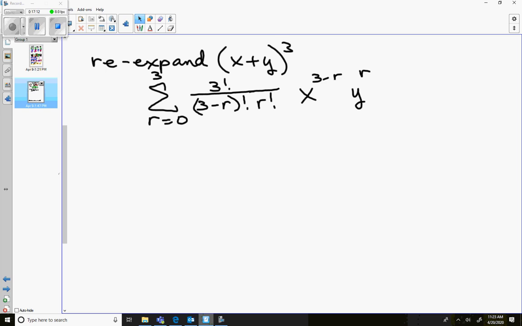So x plus y cubed using the binomial theorem would be the sum from r equals 0 to 3 of 3 factorial, because that's not going to change, over 3 minus r factorial, r factorial, x to the 3 minus r. This one here is the exponent on the y. But we're doing this summation.